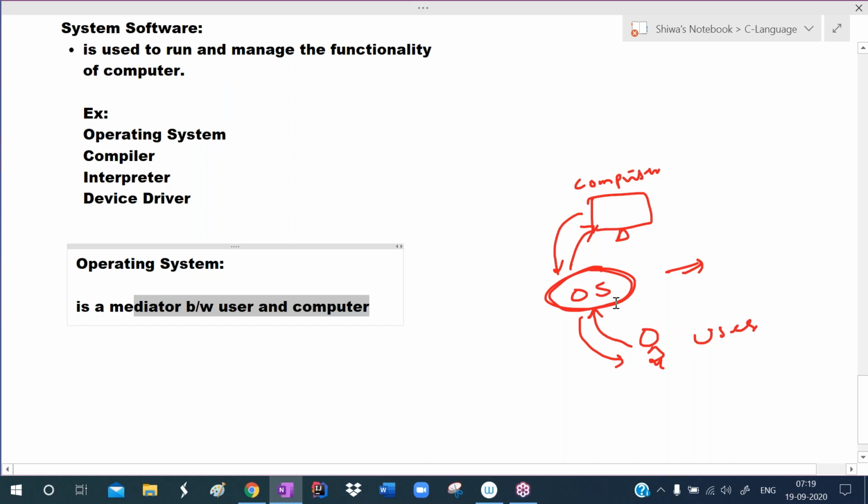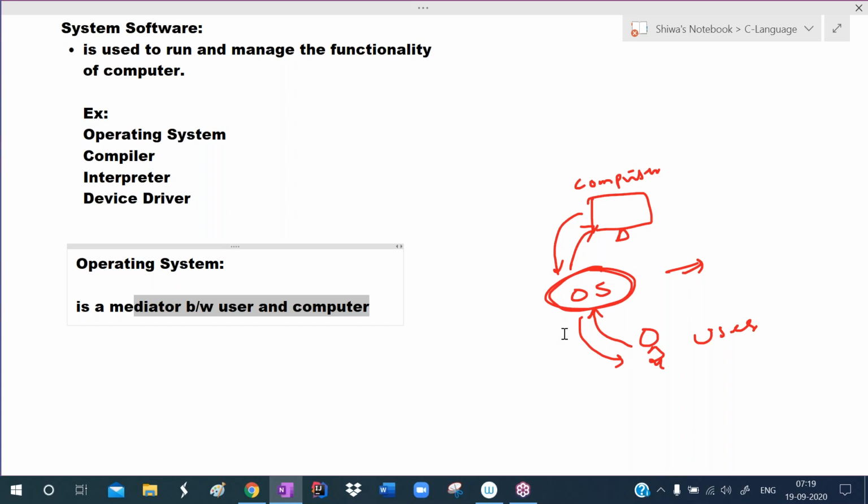If operating system is not there, it will not perform the booting process, it will not display the first screen to us, it does not manage the memory, it does not manage the drives, it does not maintain the folders and files. It does not do anything. So we cannot do anything with the computer if operating system is not there. So it is compulsory to work with the computer. It is used to run the computer.